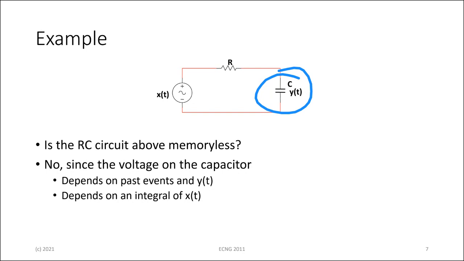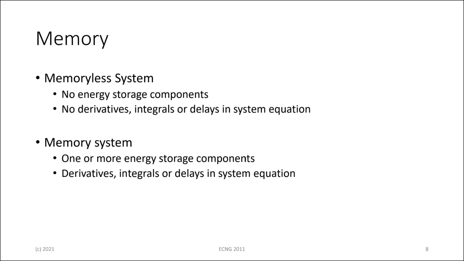So a memoryless system has no energy storage components, and it's not going to do any derivatives, integrals, or have any delays in whatever equation describes its operation. So from the time you have a derivative or integral or a delay somewhere in there, it means that you have to store values.